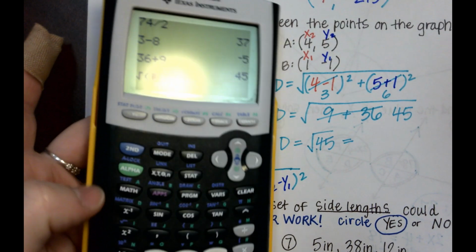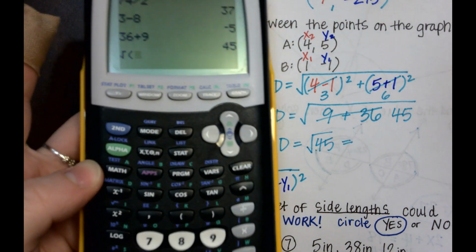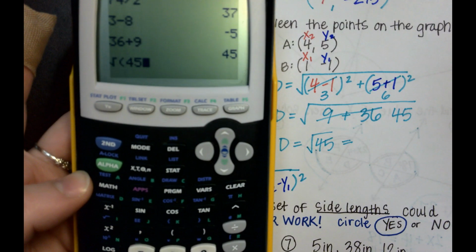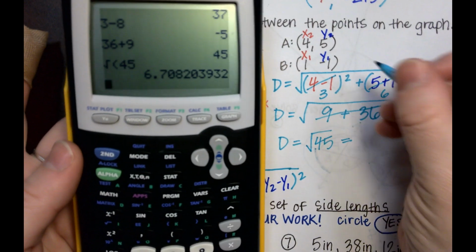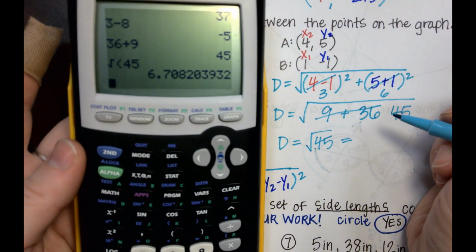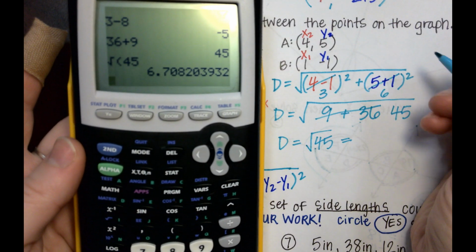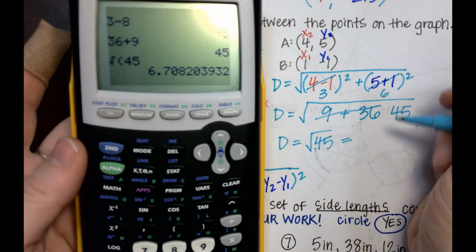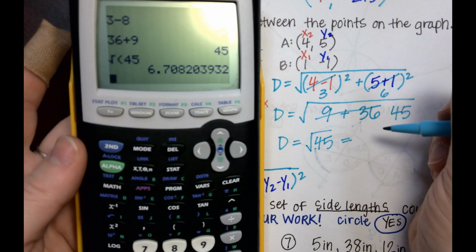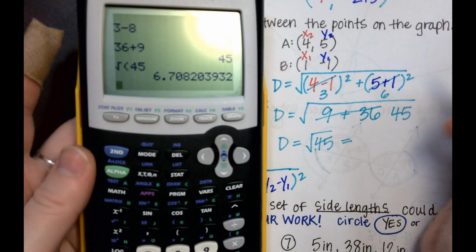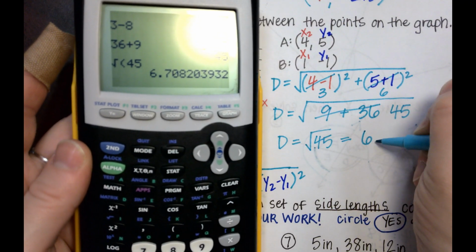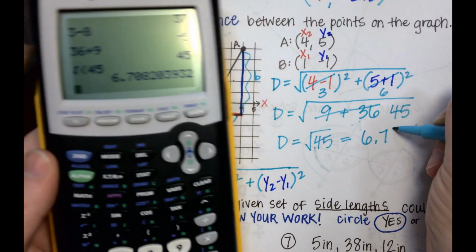So second, square root, 45. Which gives you 6.7082033932. Perfect. It'd be better to just put a 6.71. I like to keep about 2 decimal points, so we'll make that 6.71.